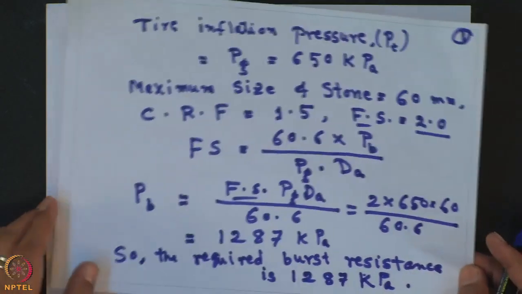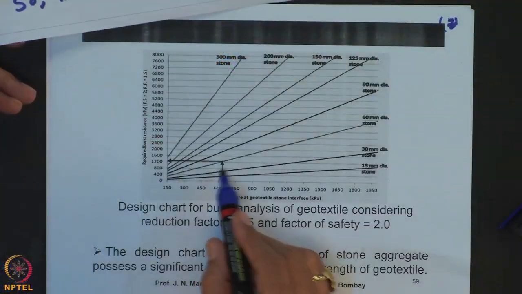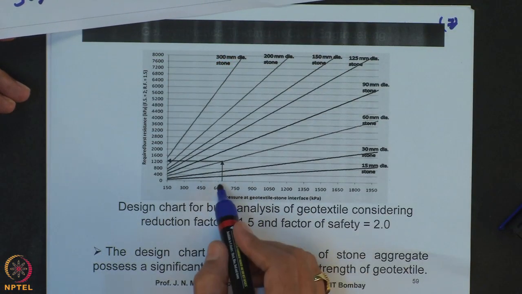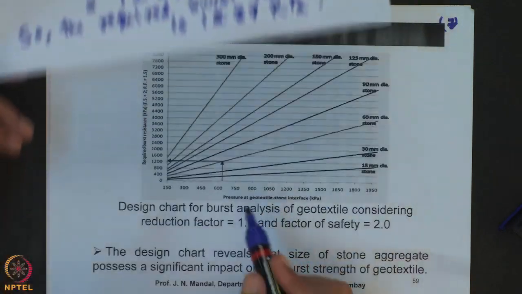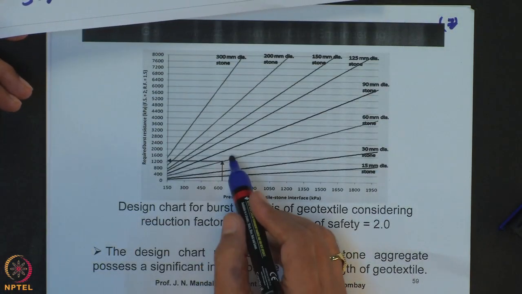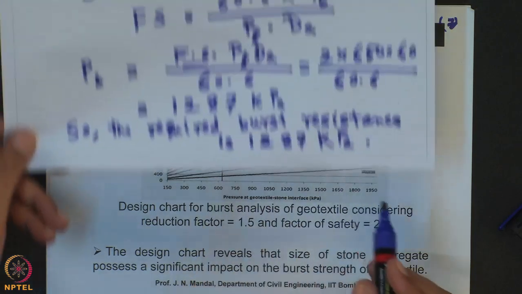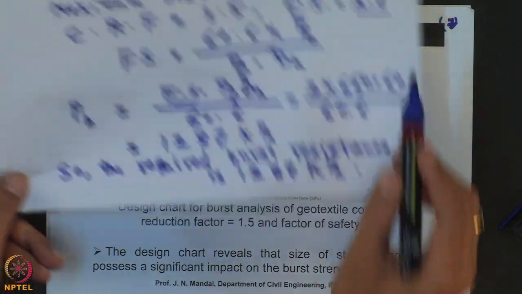So, this also you can determine from this figure. You can see here that pressure on geotextile stone aggregate, in the problem it is given 650 kilopascal, and stone diameter is 60 millimeter.